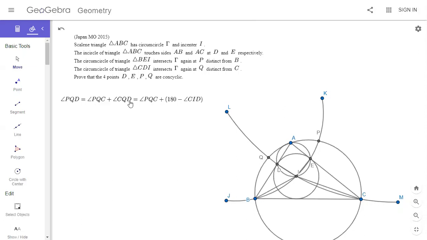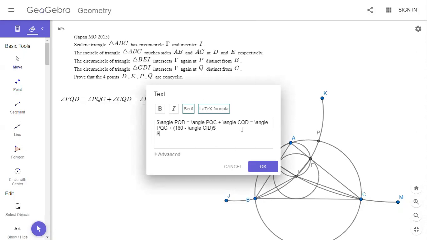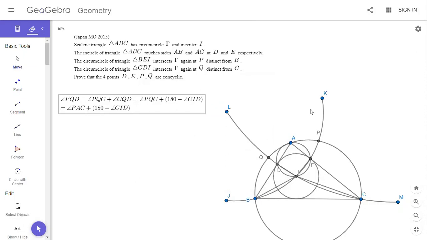And PQC is PAC. All right. And then CID is BIE plus CIE.